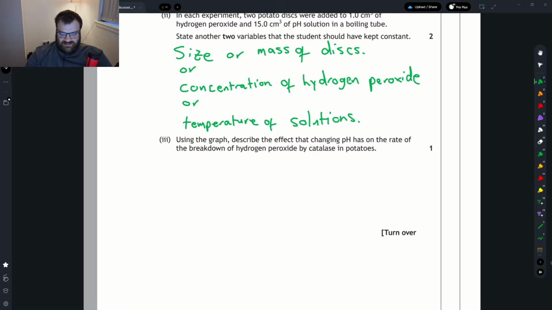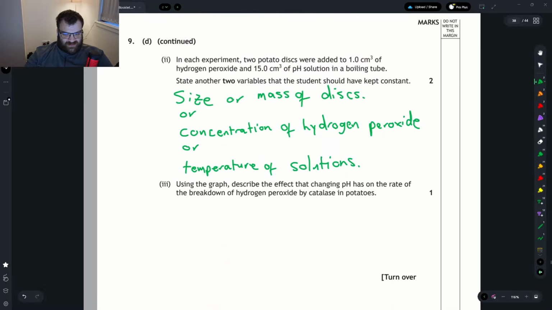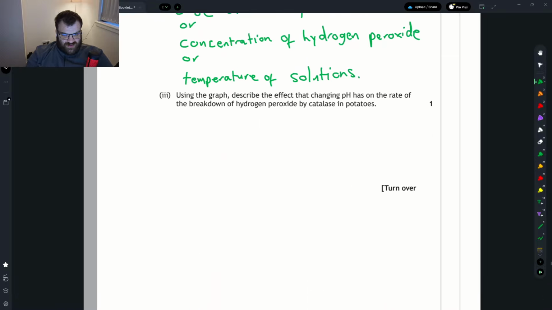Describe the effect the change in pH has on the rate of reaction. Using the graph means we're probably going to want some numbers. So moving from pH 1 to pH 10, the reaction rate is increasing because the steepness of the curve is increasing.